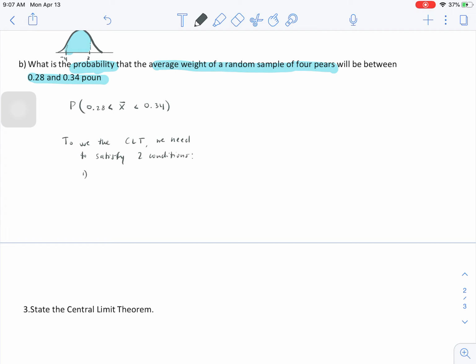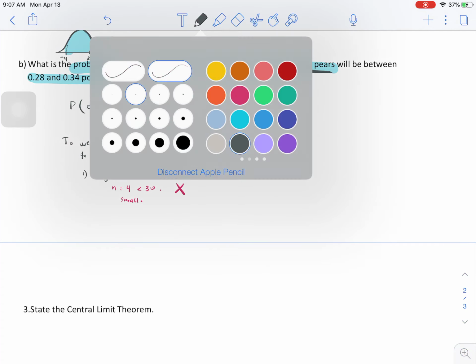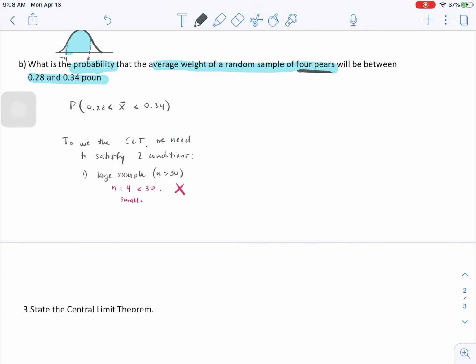First condition is that we have a large sample. Well, is our sample here large? Here our sample size is only 4. So n is just 4, which is actually small. So we don't satisfy this first condition, so we can't use the central limit theorem.